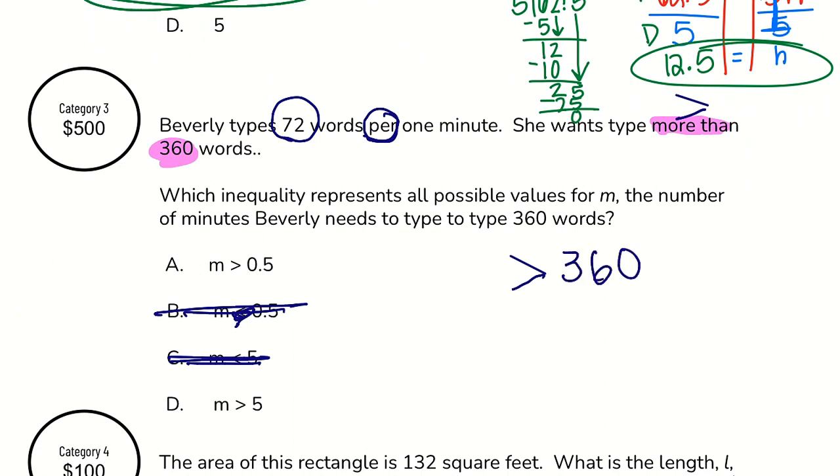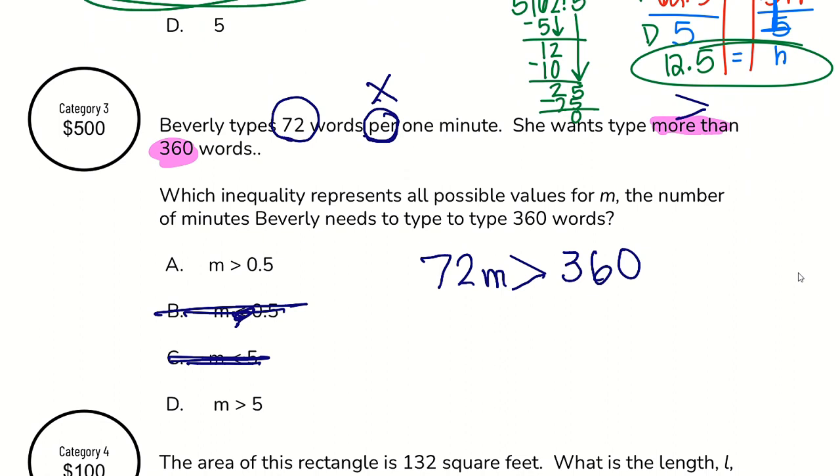Okay, so I've got a 72 and I need a letter. They gave us the letter M. So we're going to do 72, and then that word per, we said was multiply. So 72 times M. They just have to touch, just smush them together. There we go.